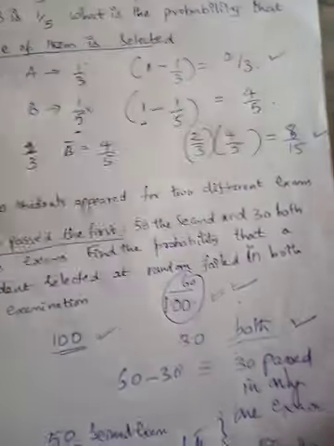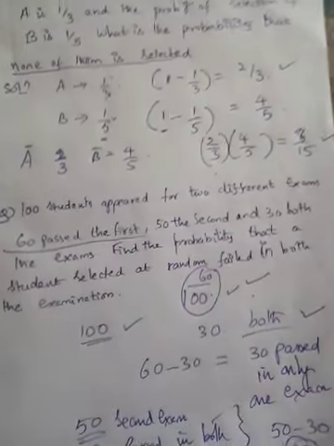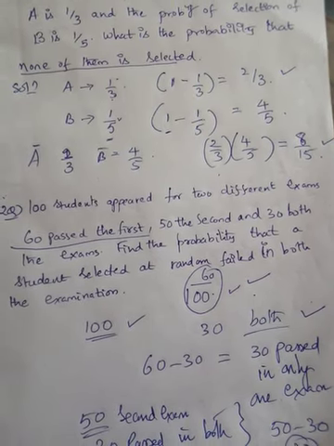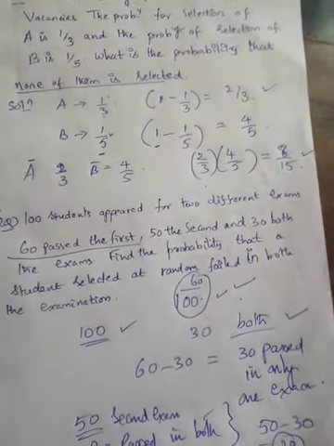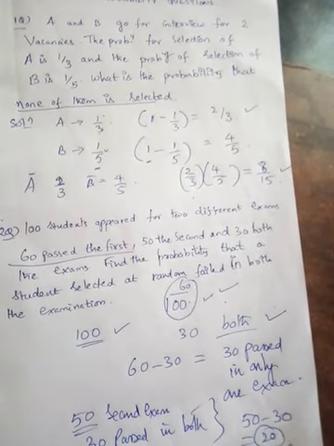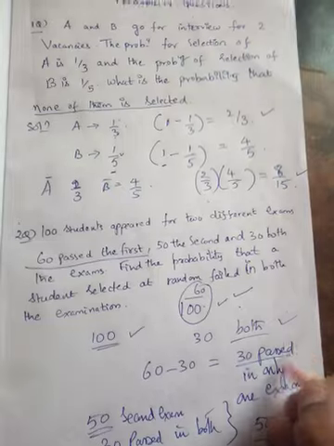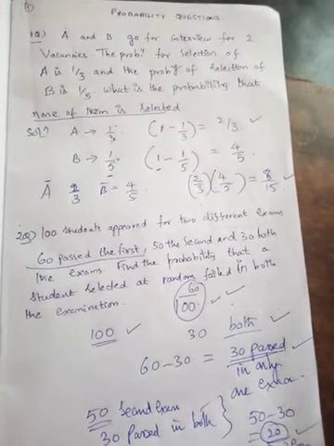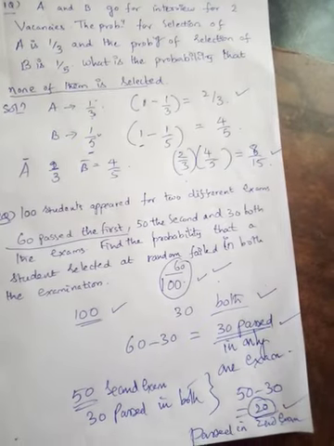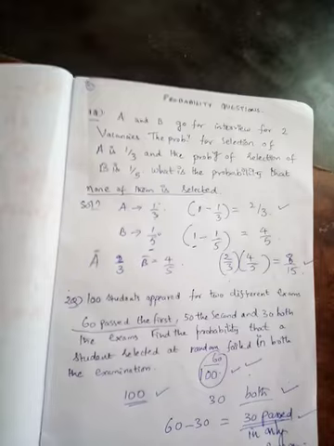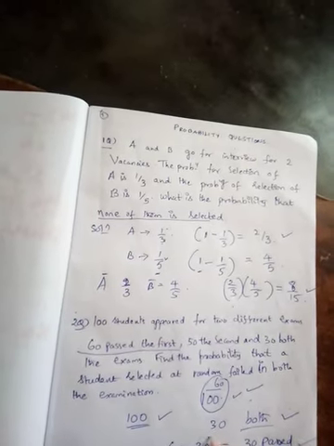Now the question is, what is the probability that a student selected at random failed in both the examinations? Now 30 are the persons who passed in one exam, 20 are the persons who passed in the other examination, and 30 are the students who passed in both.